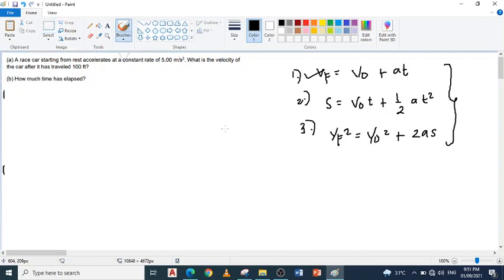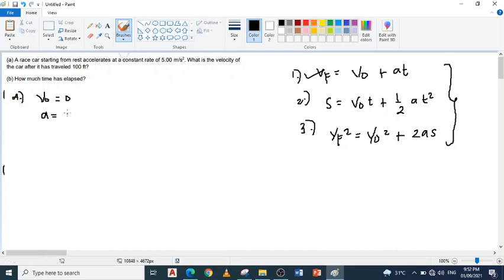So, for letter A, a race car starting from rest. It means that for letter A, ang Vo natin is equal to 0. And then, accelerates at a constant rate of 5 meters per second square.